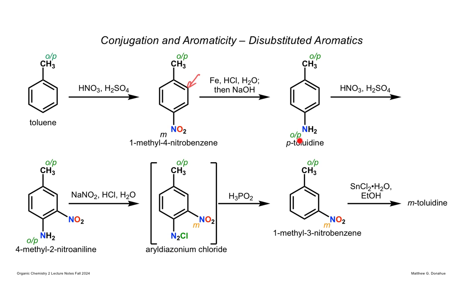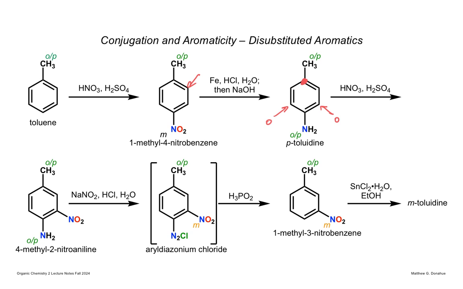So now this is electron donating by resonance, so it's ortho-para. But fortunately for us, the para group is already blocked, so we can't do anything there. So it's essentially in the next reaction going to direct to the ortho positions, which is what we want.